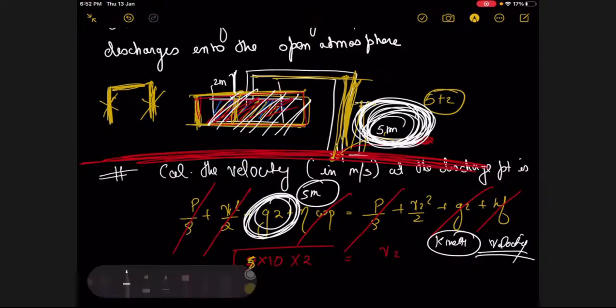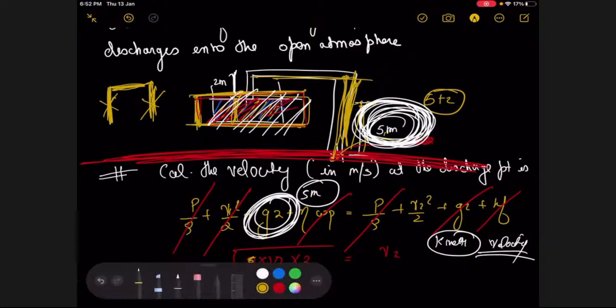Okay. One more good question from the Bernoulli's equation.